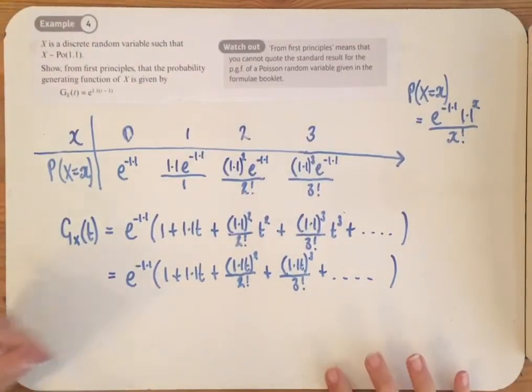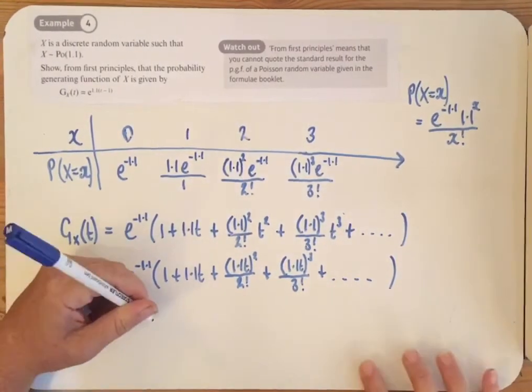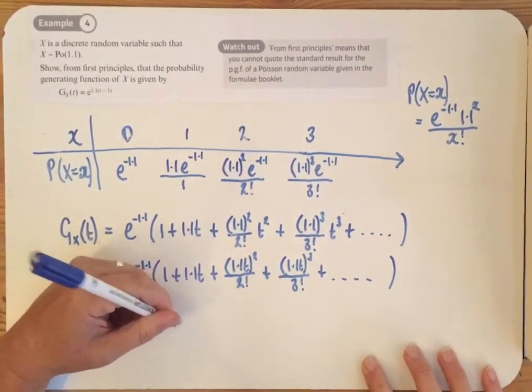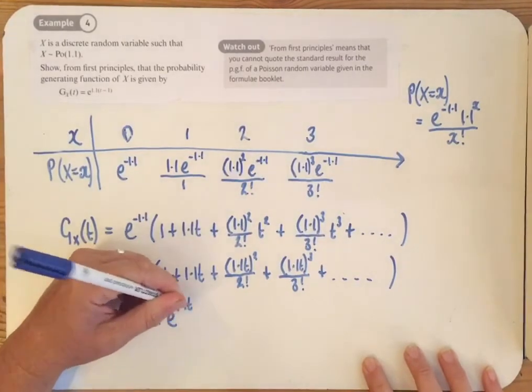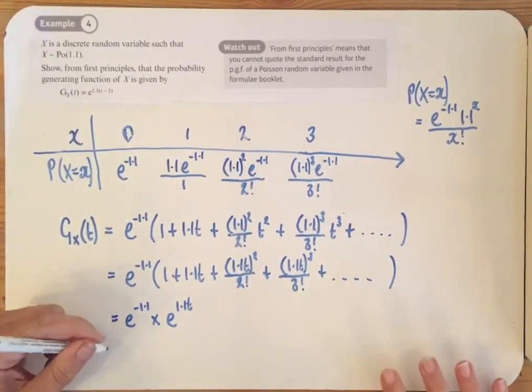So this is equal to e to the negative 1.1 times e to the 1.1t. If we multiply, then we add the powers.